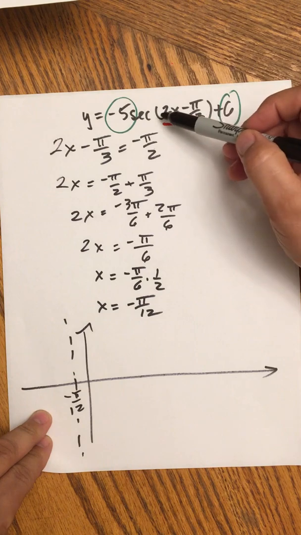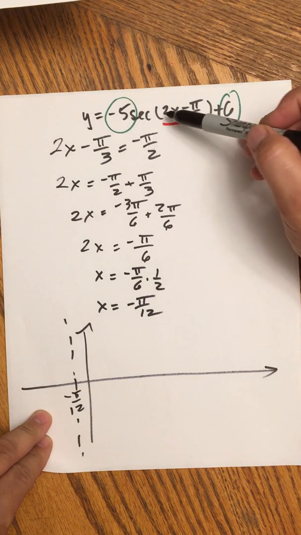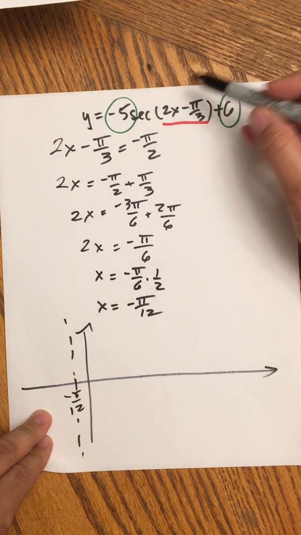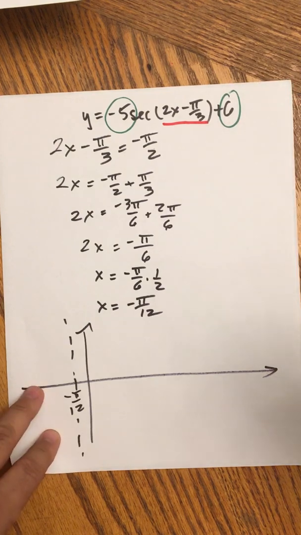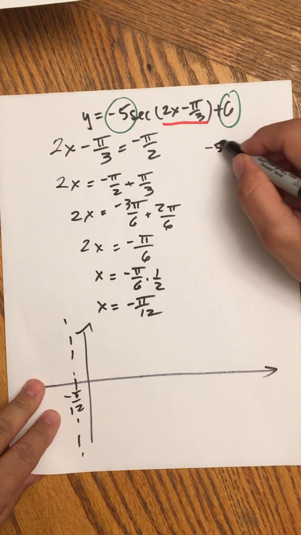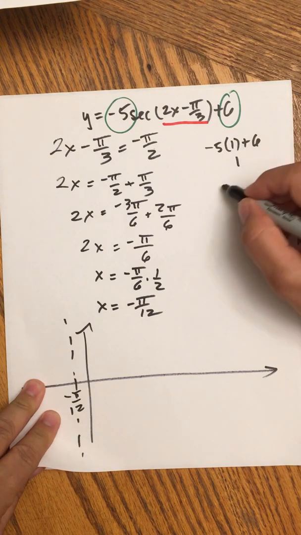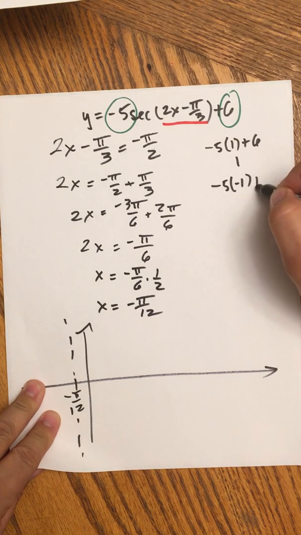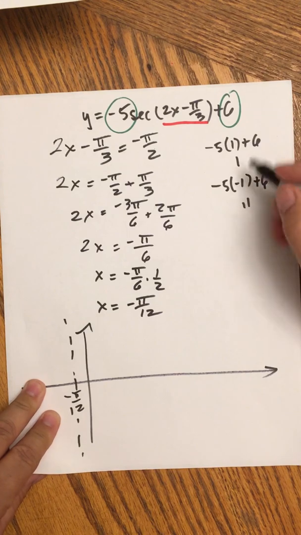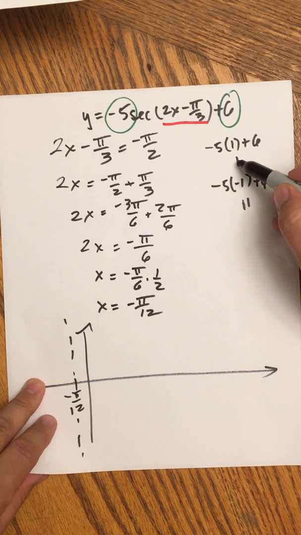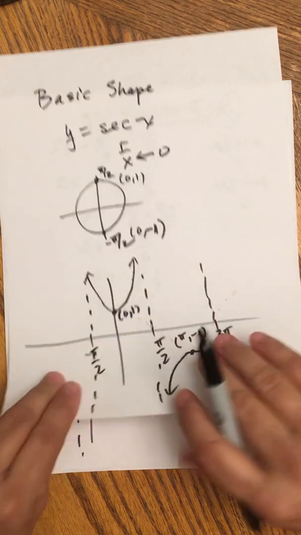And then if this is -1, I have -5 times -1, which is 5, plus 6 is 11. So the y values are actually starting at 1 or 11, opening up or down.